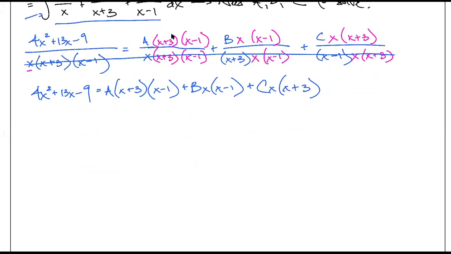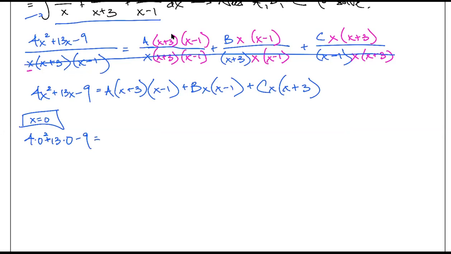I'm going to say that we let x equal 0, all right? And when I mean x equals 0, I mean x equals 0 on the left-hand side and x equals 0 on the right-hand side. So let's plug in 0 on the left-hand side and see. I get 4 times 0 squared plus 13 times 0 minus 9.